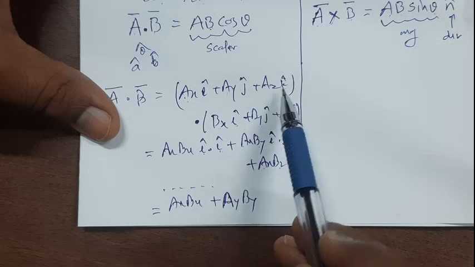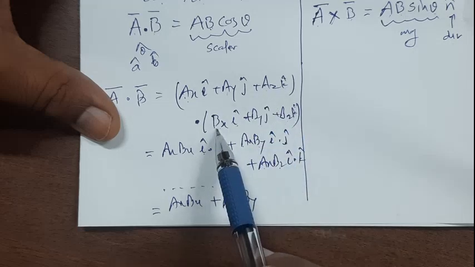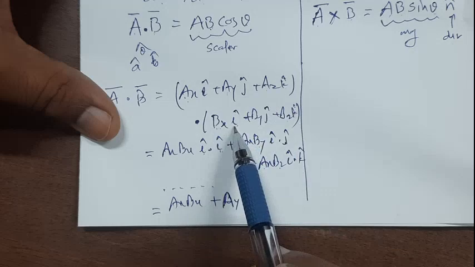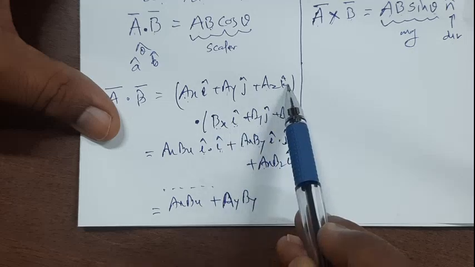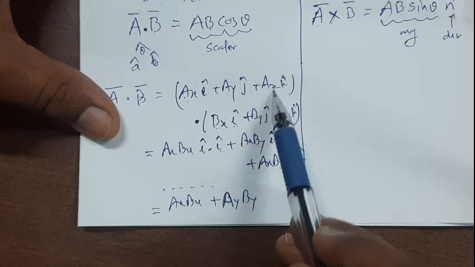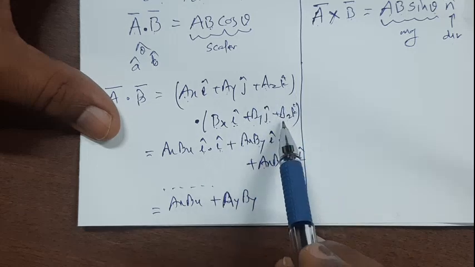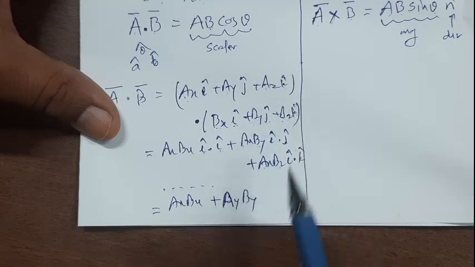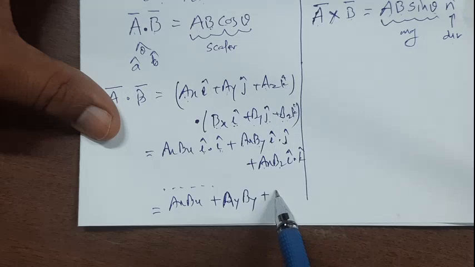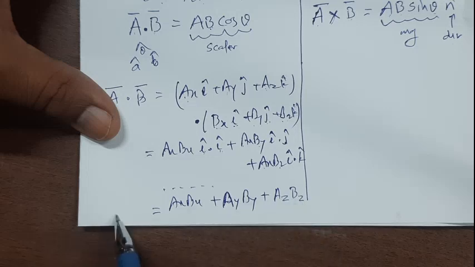For AZ, AZ BX K cap dot I cap will vanish because the angle between K cap and I cap is 90. AZ BY K cap dot J cap will vanish because the angle is 90. But AZ BZ K cap dot K cap, and the angle between K cap and K cap is 0, therefore cos of 0 is 1, and this term remains as it is, that is AZ BZ.